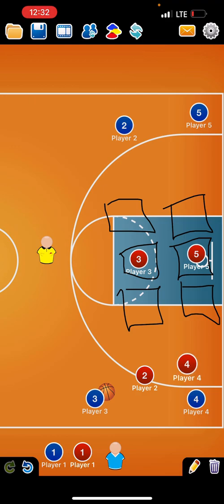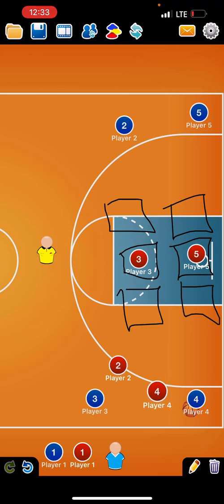The first type of dribble penetration that we'll see, being the baseline drive, comes off of usually a quick sweep action or quick attack, meaning when the wing passes to the corner, as soon as the corner receives that pass, they know that for at least half of a second, their player is going to be out of position because they were in deny.